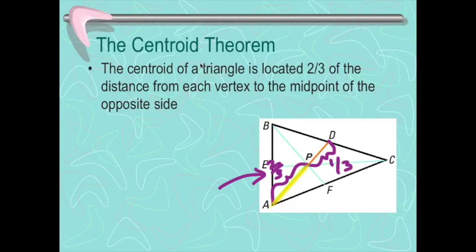How much bigger is the yellow part than the red part? 2 times more. So if you knew that one, you would divide it by 2 to get that one.